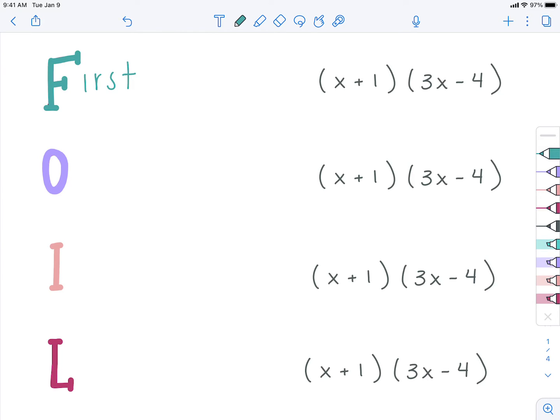So we want to multiply the first terms together, and the first terms are just the ones that are first in each set of parentheses. After we do that, we're going to move to the outer terms, and we're going to multiply the outer terms together.